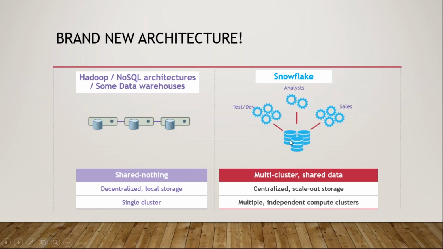In the case of Snowflake, you have a multi-cluster and shared data architecture, so you can read and write concurrently, right? Let's say your development team and testing team are writing data, and simultaneously your analysts can read that data.